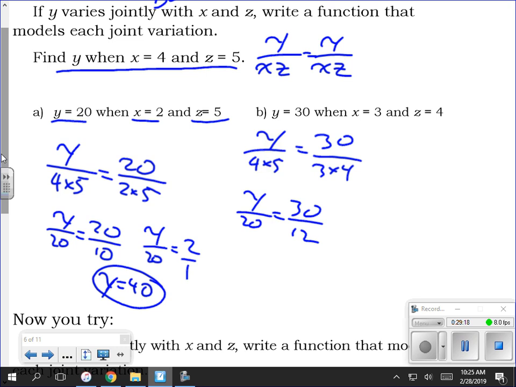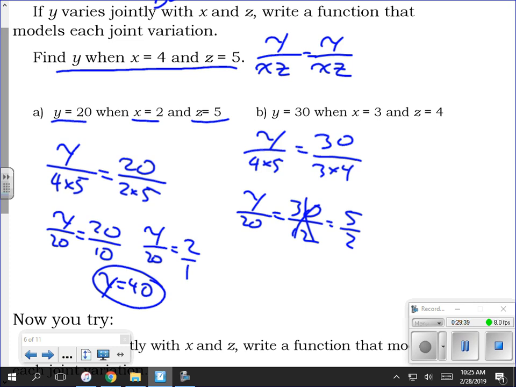And then I can reduce the 30 over 12. If you can reduce, I like to reduce because if I can make the smaller numbers, they're easy to work with. 30 over 12, 6 goes into those. Gives me 5 over 2. So y over 20 equals 5 over 2.